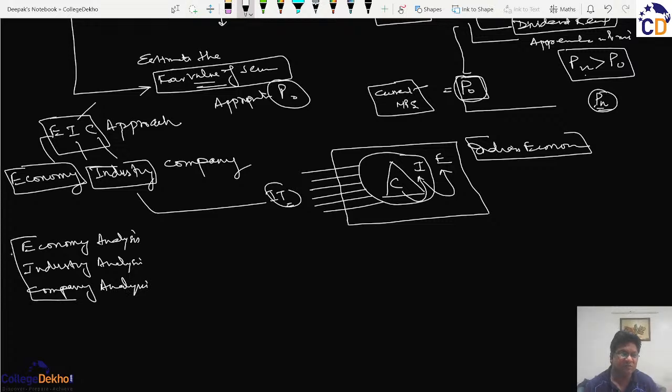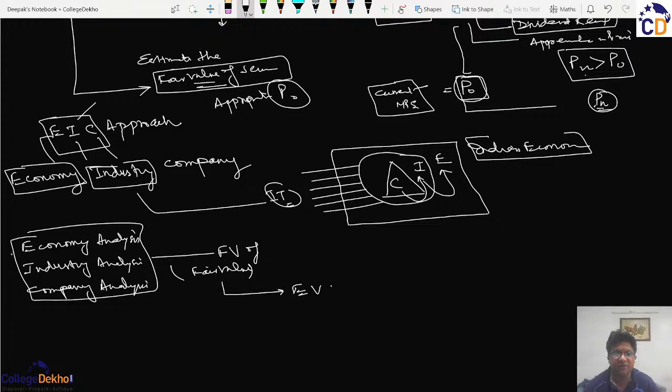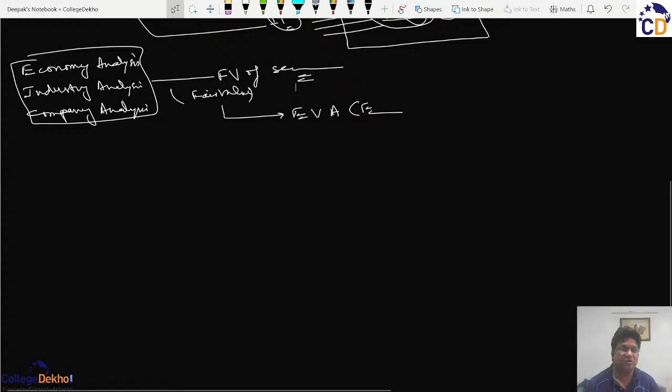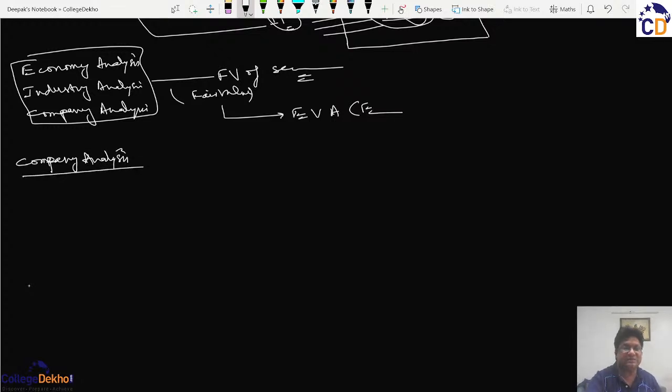And once we are done with that, then we will be able to anticipate the fair value, which is also known as EVA, economic value of a security. Our focus in this session will be on company analysis, which is a long exercise, but we will try to cover some part of this company analysis in this session.